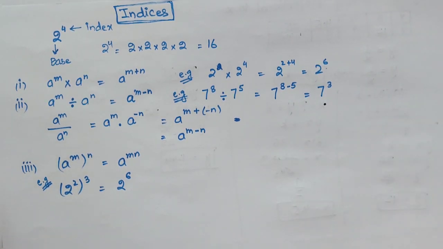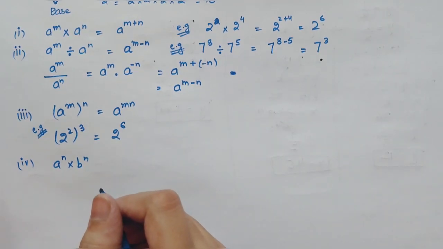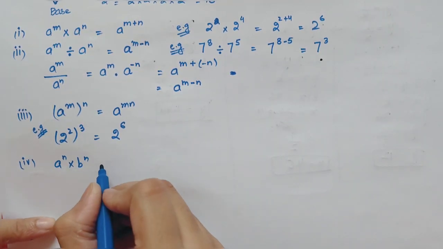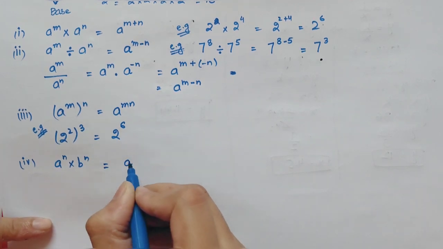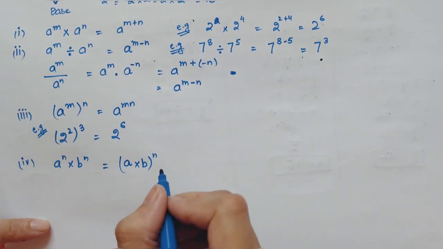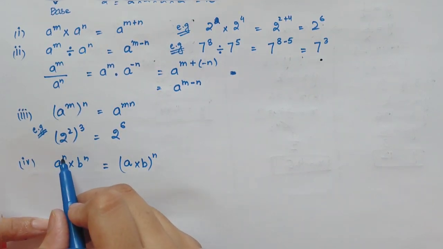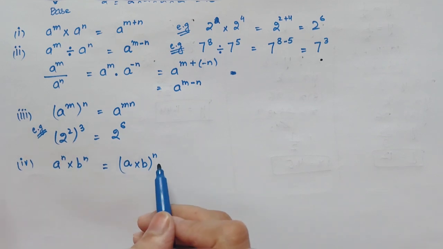This is your answer. Our fourth law is a power n multiplied by b power n. When two numbers are multiplying and both have the same power, you can write them as a multiplied by b and whole power n. You don't write power n separately. You have to write it as one whole power.